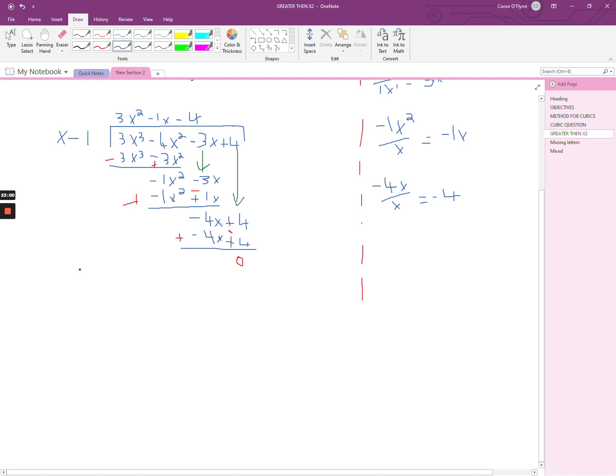So it'll be 3x squared minus 1x. So I have to solve for the roots. I need to get the roots still, I only got the quadratic. Right, factorize that.